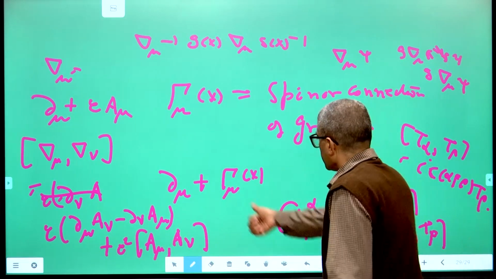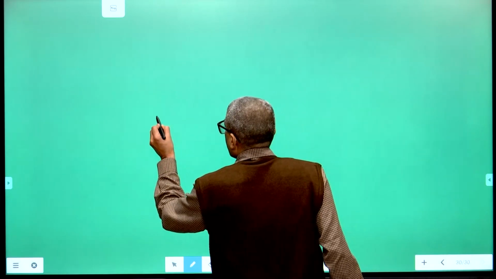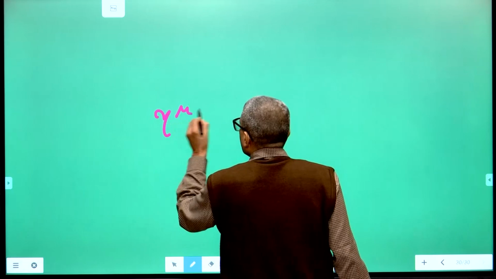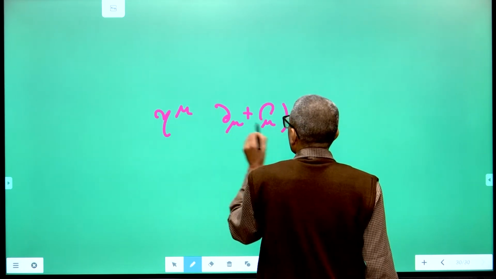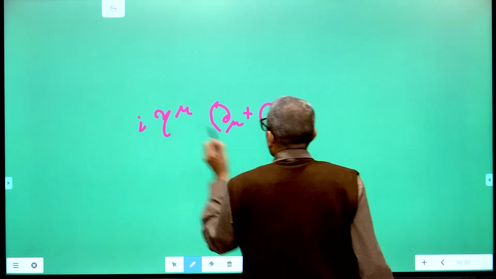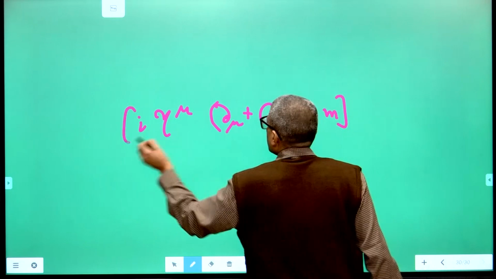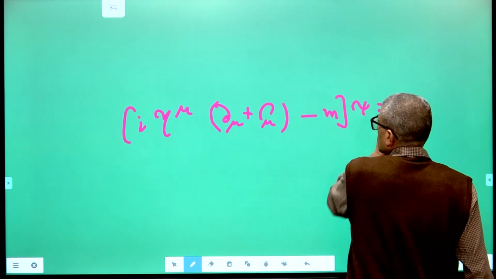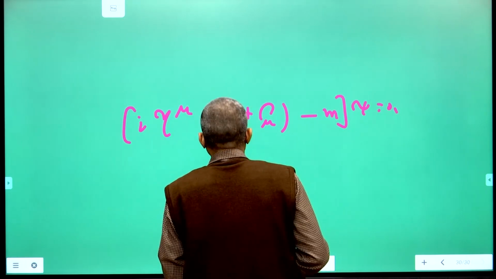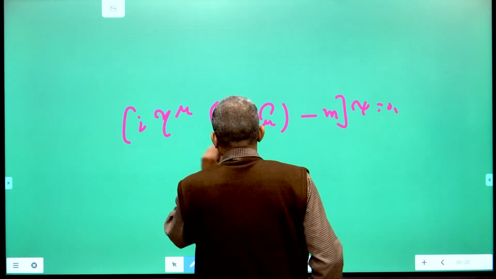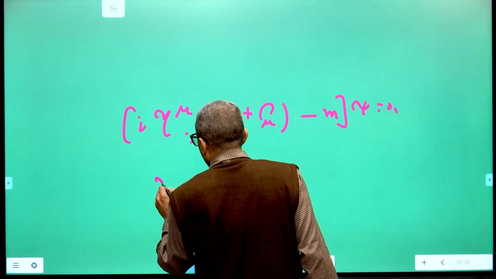Okay, so I need a connection to define a covariant derivative. What I can do is write the Dirac equation as (iγ^μ ∂_μ + γ^μ ... − m) psi = 0 in the absence of an electromagnetic field. But this is wrong, because what is γ^μ? ∂_μ transforms according to a diffeomorphism, so you cannot use the constant gamma matrices.